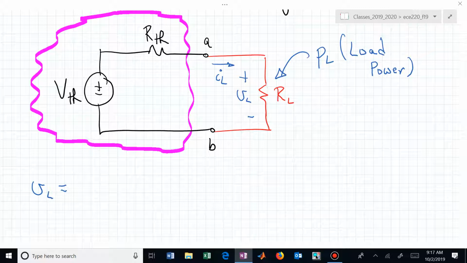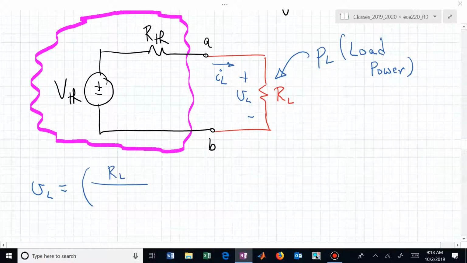You know I sub L is V Thevenin over the sum of R Thevenin plus R sub L. We've now just re-derived the voltage divider expression. We now can say that V sub L is R sub L over R sub L plus R Thevenin times V Thevenin.